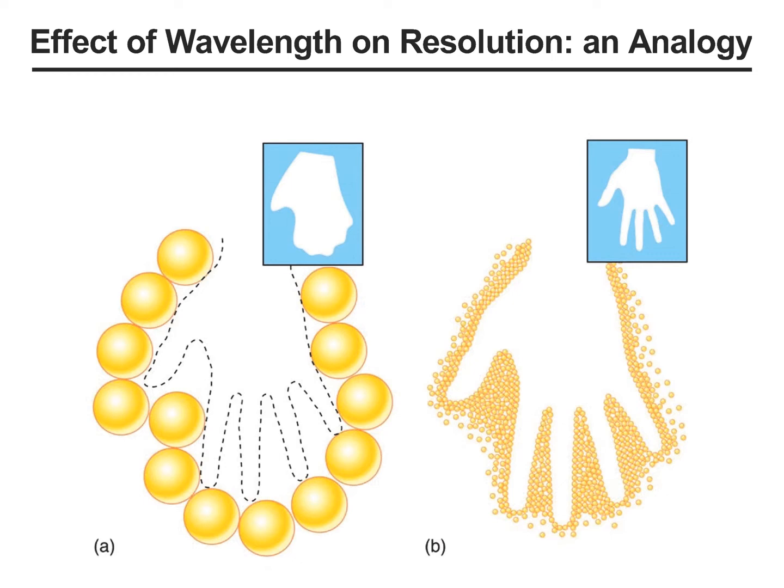Just as the larger balls offer less resolution of the hand compared to much smaller balls, wavelength is critically important for attaining resolution of objects in relation to magnification. Let's consider wavelength in relation to light microscopes and scanning electron microscopes.